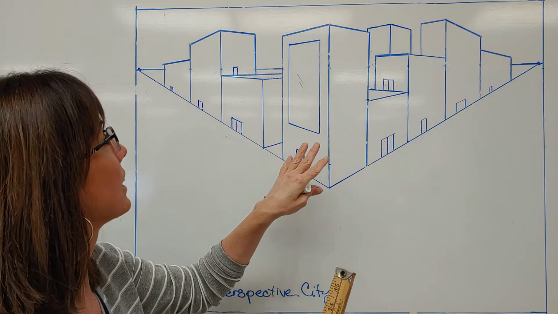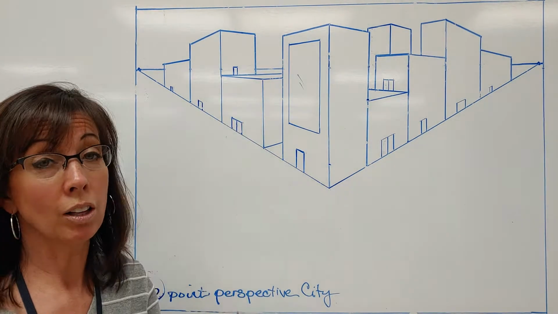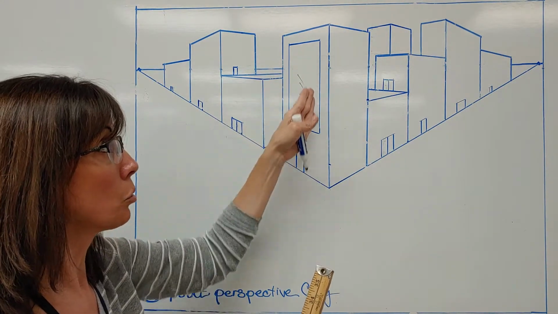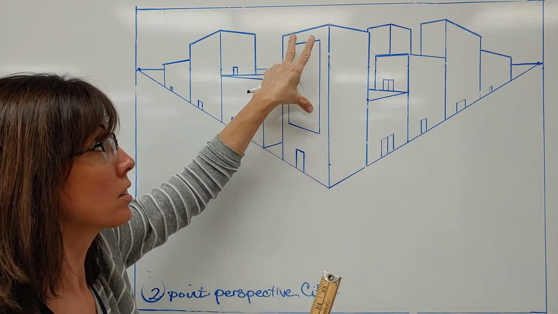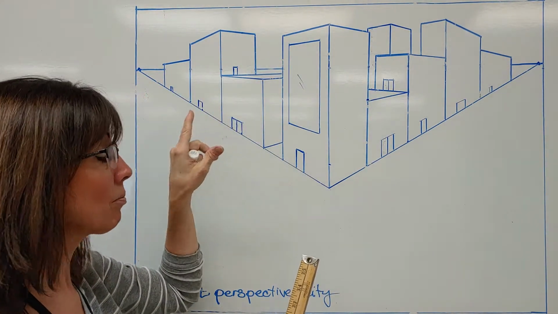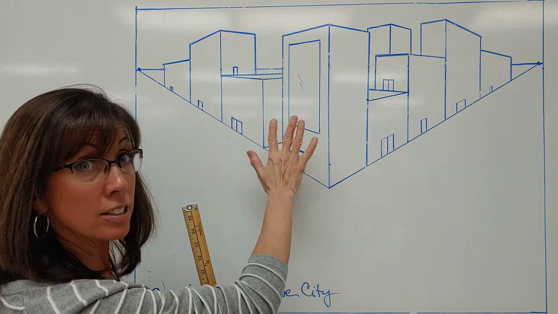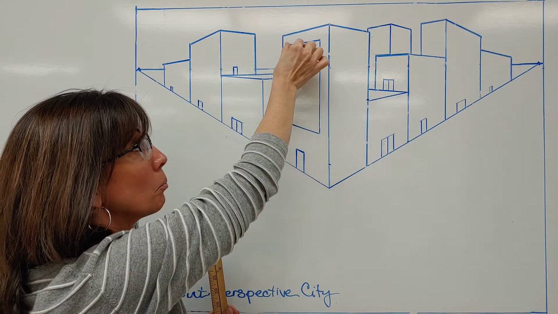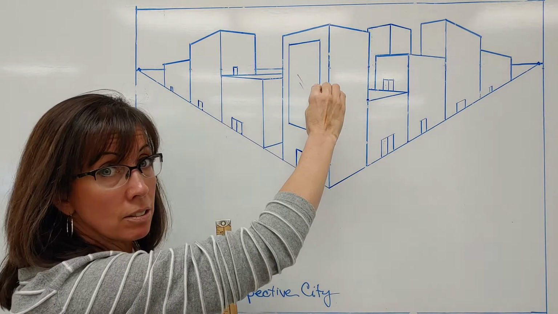So on, let's see, on this second building, what I'd like to do is 2 columns of windows. One window is made from 2 vertical lines, a line across the bottom and a line across the top that go to a vanishing point. A column of windows, where they're lined up, would start the same way as a single window, but as you draw down, you're going to be dividing it into sections.